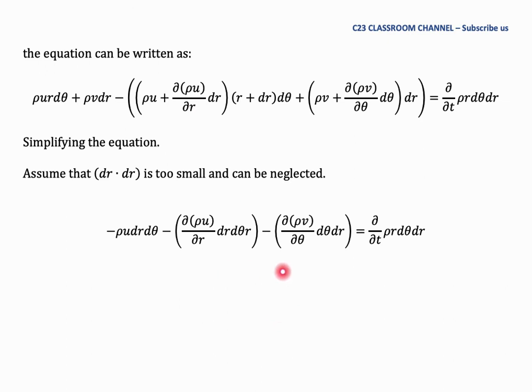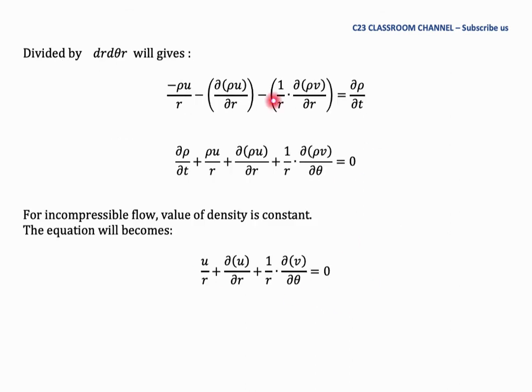So this is the simplification, we simplified this term into these terms, and then we divide all those terms with dr, d theta, and r, and finally we could have this one. And this is the common continuity equation for polar coordinates.